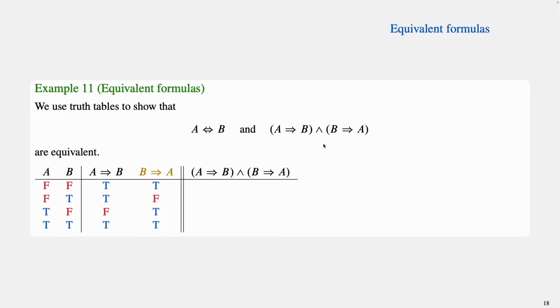And now we can evaluate the whole right-hand side, A implies B and B implies A. We know the truth tables for these two. So the AND of those two components here is true whenever both of them are true, and otherwise it's false. So we get this column here. So here we have true, true, giving a true here, and in the bottom row we also have true, true, yielding a true here, and in the other two cases we have a false.